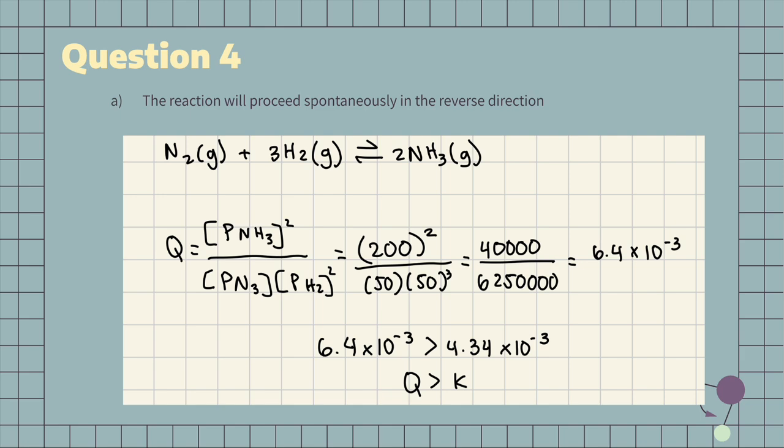The equilibrium constant was already given in the question itself, and because we got the reaction quotient, I found that the reaction quotient was greater than the equilibrium constant, and therefore this reaction will proceed spontaneously in the reverse direction.